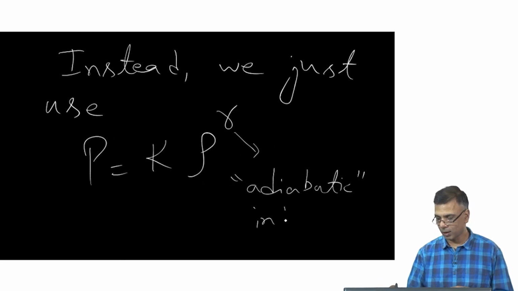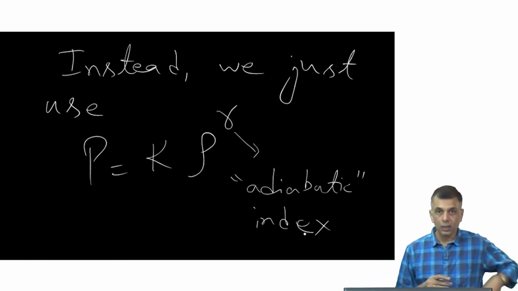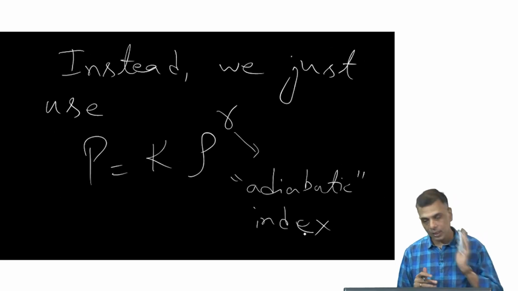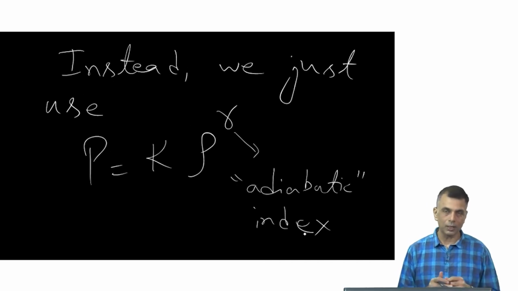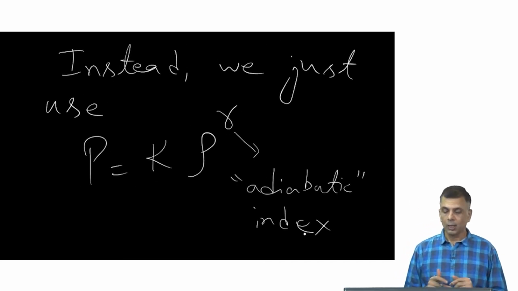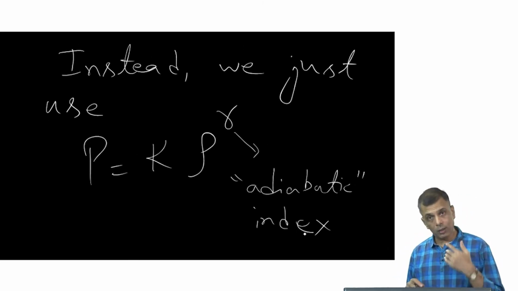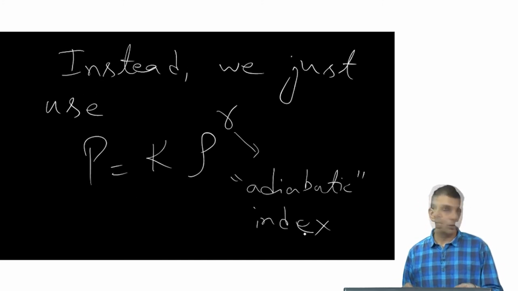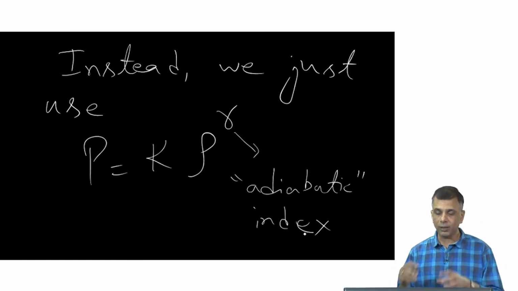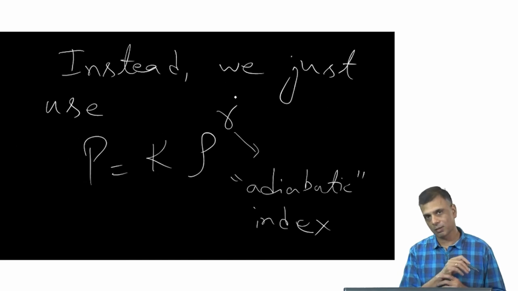And I deliberately write down adiabatic in quotes to imply that this need not always be 5/3, or always 1 as it would be for an isothermal gas. It can be anything in between. But the point is, you can relate pressure and density like this, never mind temperature for the time being. In which case, you eliminate the actual need for an explicit energy equation, and all the information about the evolution of energy is enclosed in this index right here.